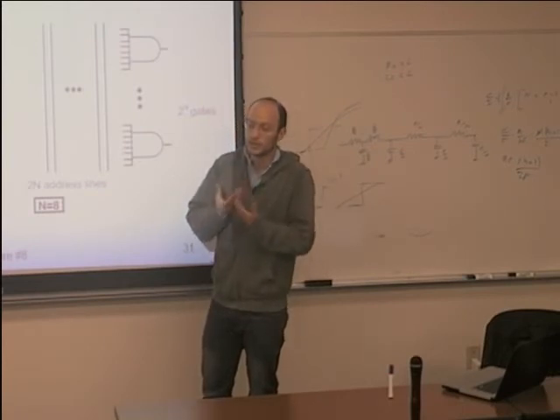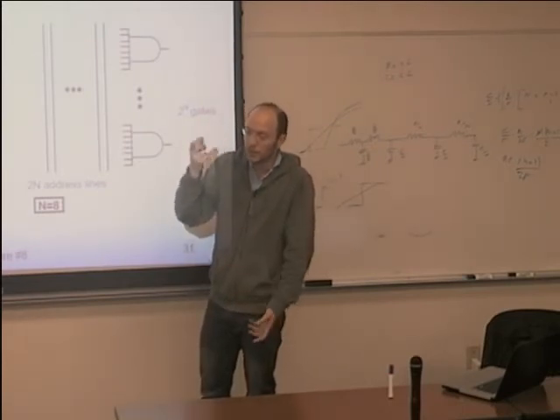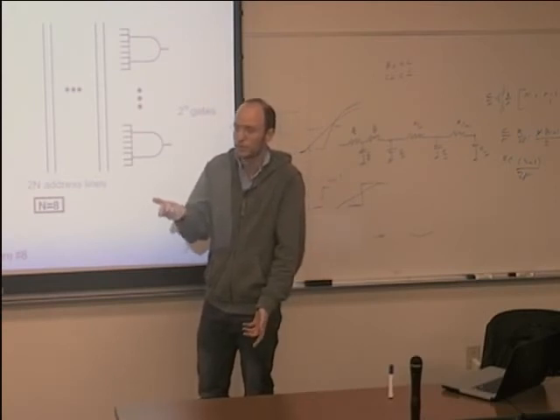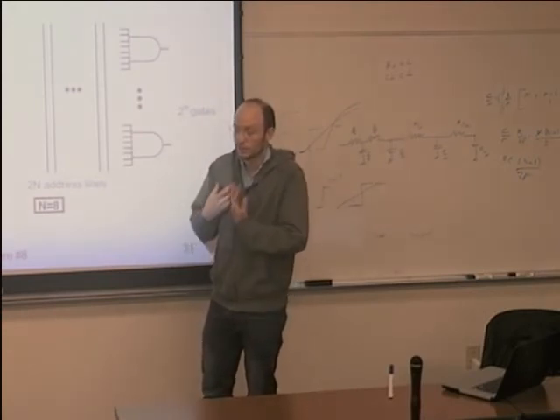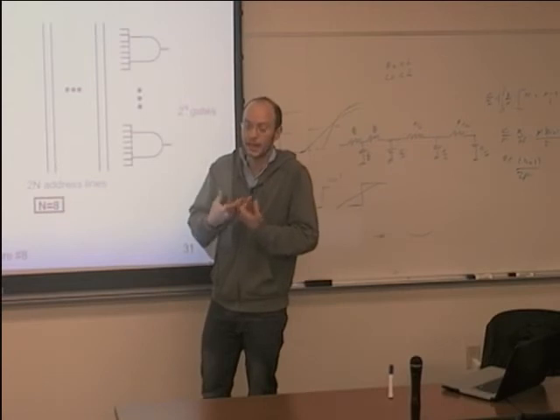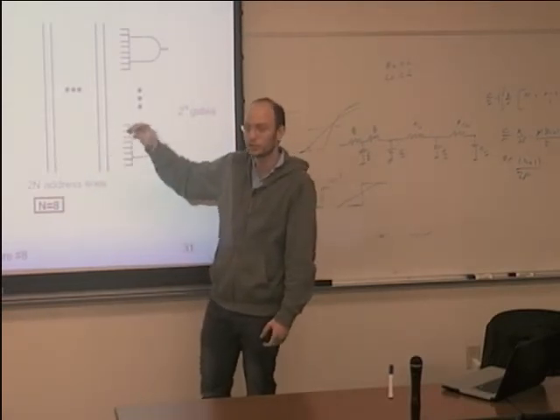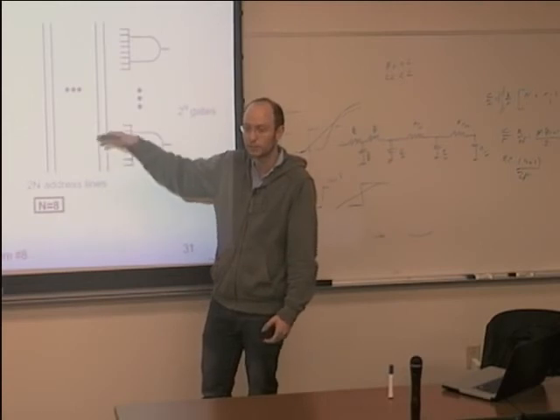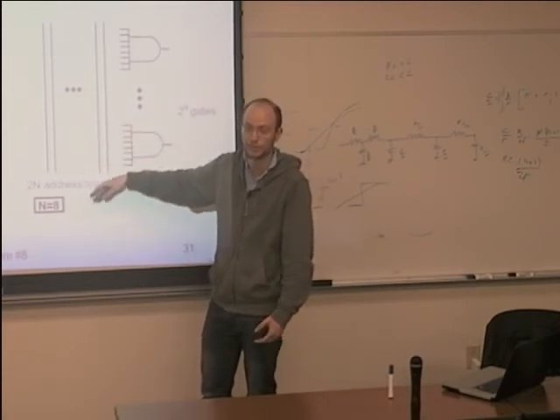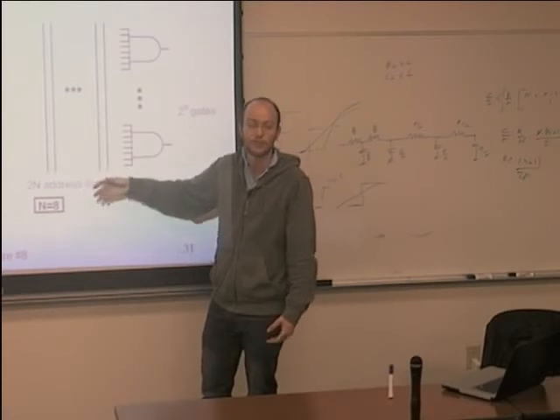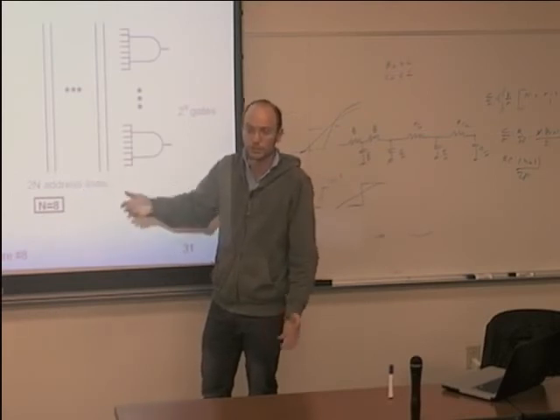Each bit can either be 1 or 0, and therefore exactly half of these 2 to the n values will have a given bit equal to 1, and half will have it equal to 0.